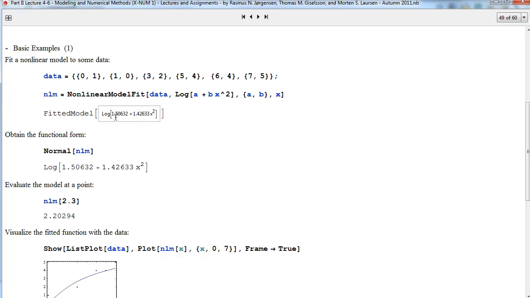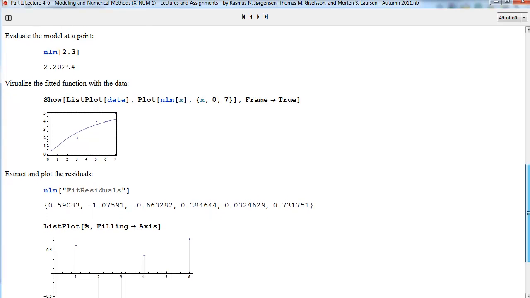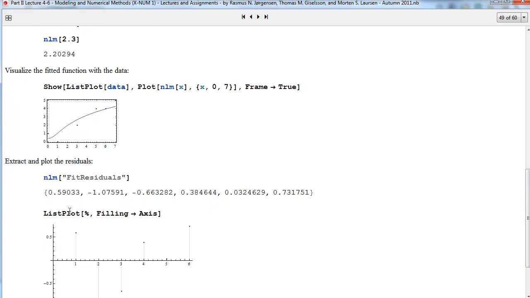And then you end up with the model here, and you can do all the things you're used to. This is just a direct extract from the help menu. You can plot the data, you can get the residuals, plot that, and so on.